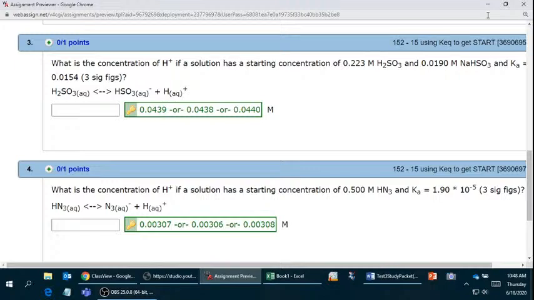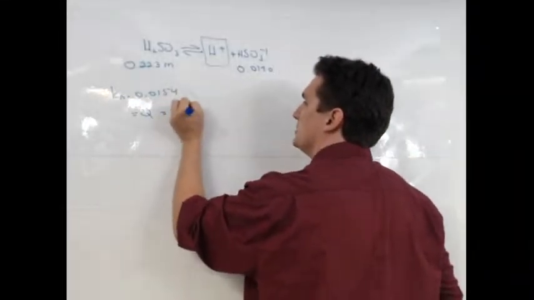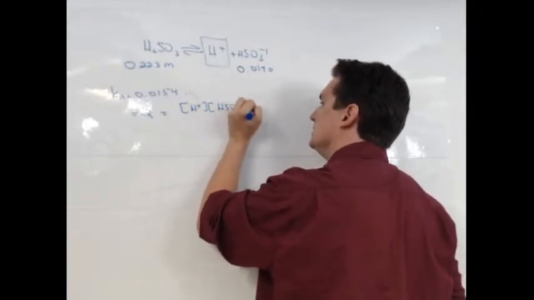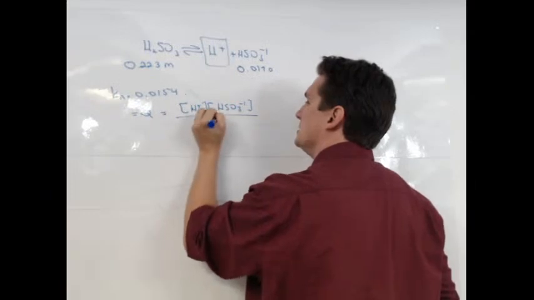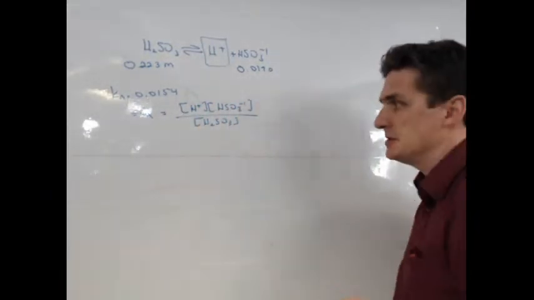We're given that the Ka is 0.0154. To solve this type of problem, we set Ka equal to Q. Q is the concentration of H+ times the concentration of HSO3- all over the concentration of H2SO3, and these are specified at the equilibrium concentrations.